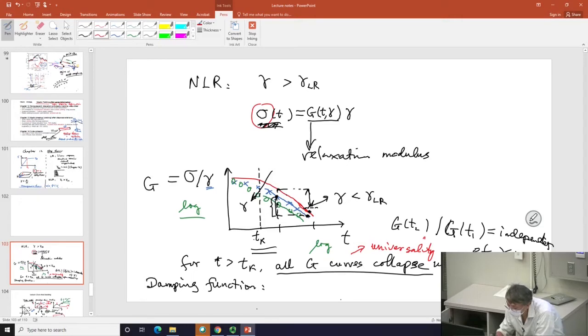Basically, literally means we can do a vertical shift, all the curve will collapse. But let me do it properly. Let's introduce this damping function called H, which really is just a way to capture how much I need to do the vertical shift. And it is defined as G, T larger than TK of gamma divided by G of the equilibrium.